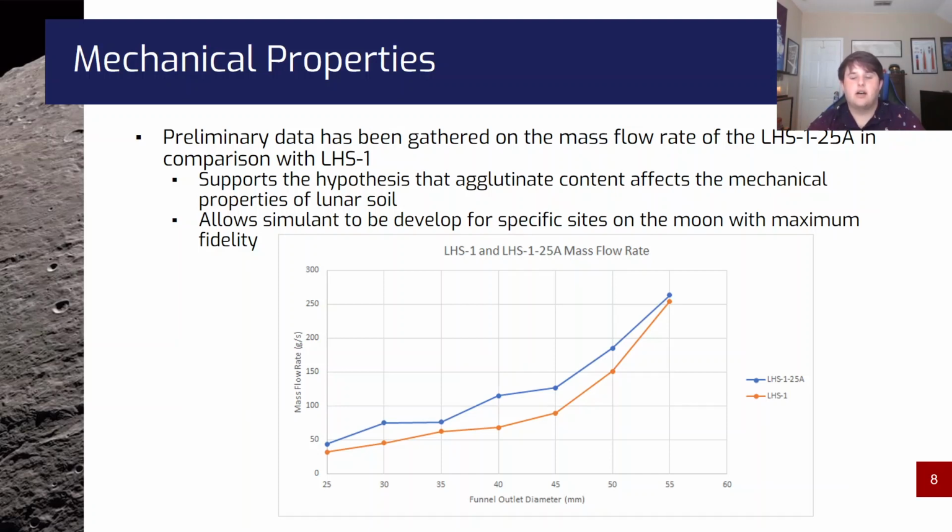But what this does, as we perfect the process more and more, is allow simulants to be developed for specific sites on the moon with maximum fidelity. So if there is a site chosen to test MRE or ice extraction, we can develop a simulant with the exact percentage of agglutinates that we need, and that can be used within the test to be accurate to the maximum degree.